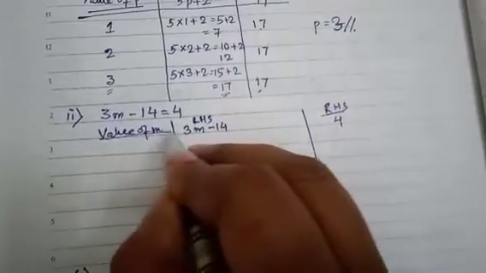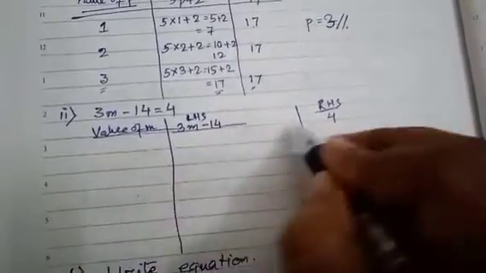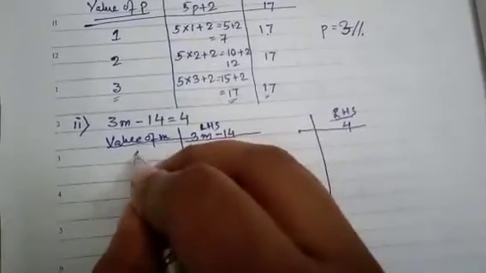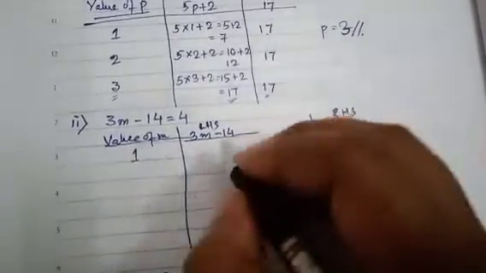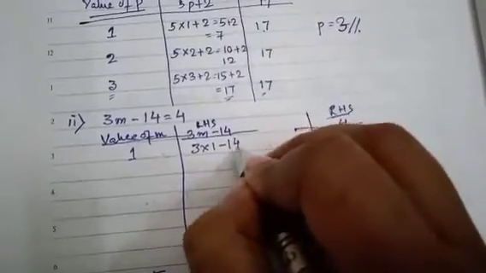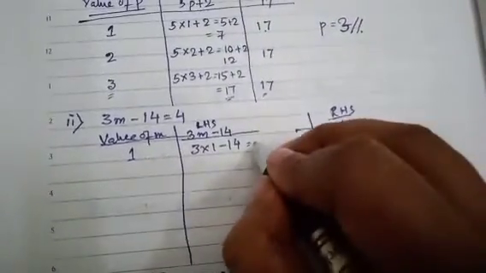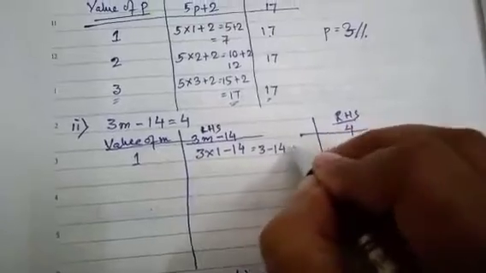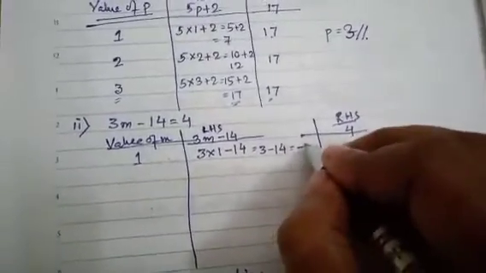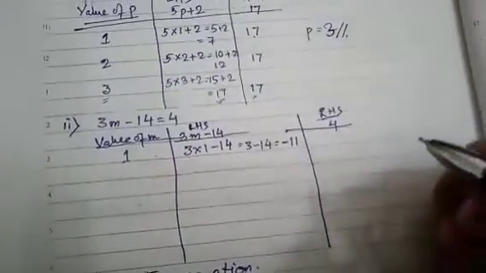Alright, so first I will be taking one by one the value of m. Let me start with 1. So what is it? 3 into 1 minus 14. So 3 into 1 is 3, minus 14. The answer will be negative because 14 is larger. I will subtract it, it is minus 11.